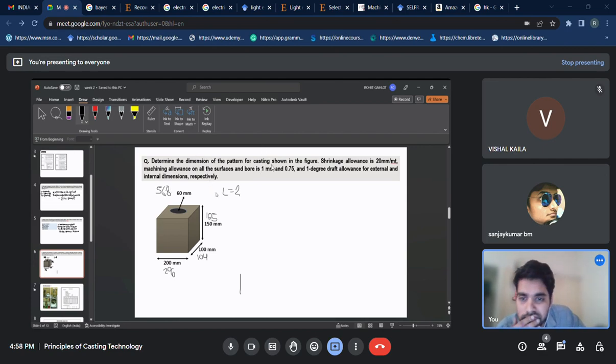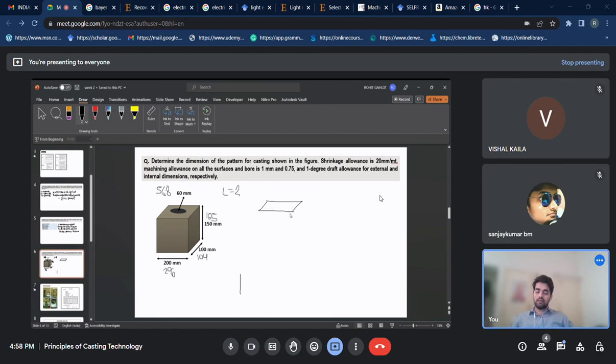My width part is 104. My height part is 155. And my dia part is 56.8. So is it clear till now? I hope it is. Yes.